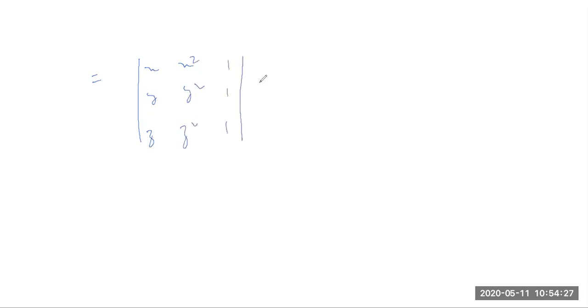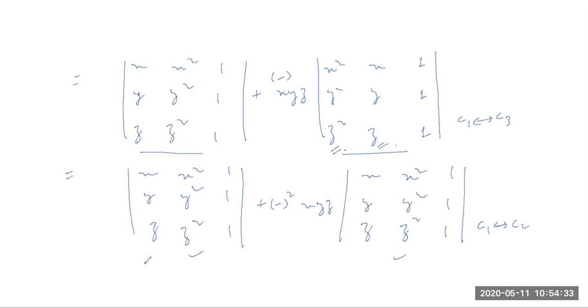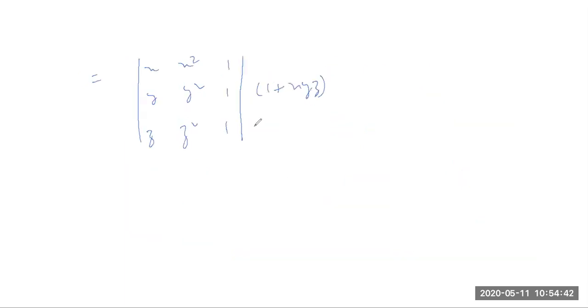These determinants are taken common. What we got, it will be 1 plus x y z. From here we have taken this thing and this thing, both these terms common, so we got 1 plus x y z. Okay, and it was given equal to 0 also, if I see in the question. The whole value was already given equal to 0.